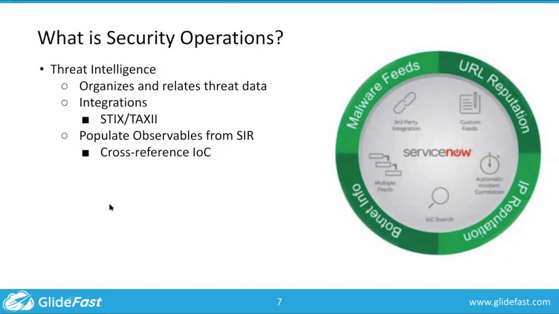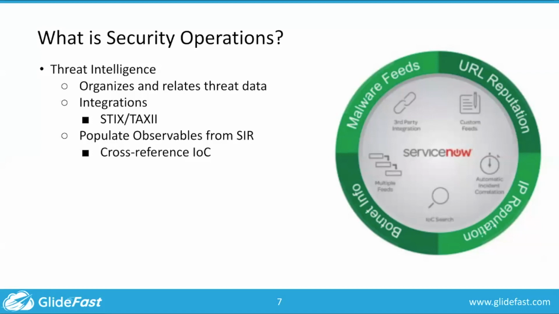The third spoke in security operations is threat intelligence. This module organizes and correlates threat data from threat sources. Observable data can be harvested from security incidents and then cross-referenced with known indicators of compromise that flow through from integrations. There are some modules out there like Recorded Future that have their own threat intelligence, with their own set of tables when you install the module.